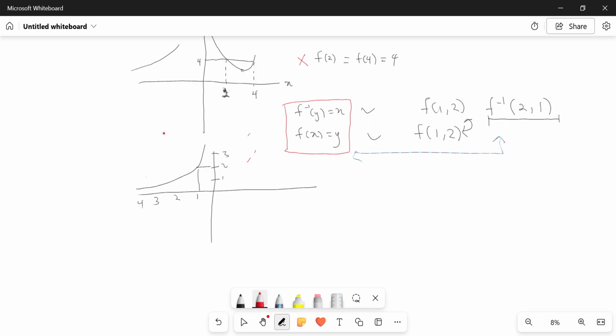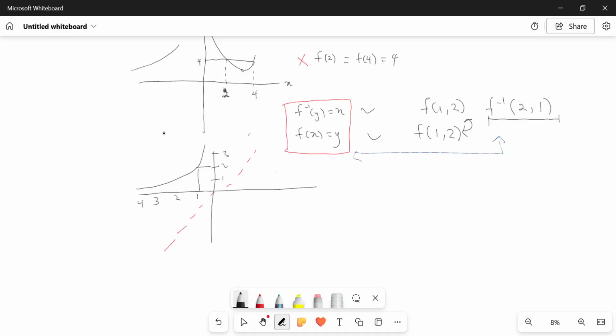a function and its inverse show mirror property about the line y is equal to x. So what is this line? When you plot 1 1, 2 2, 3 3, 4 4, and it goes in that order from the origin, you see that when you draw a function and you draw its inverse, you have mirror images about the line.